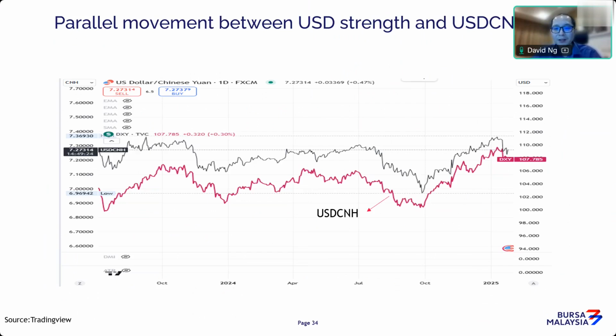So if you look at what the government is trying to do, it's trying to maintain a certain range. You can't let the currency weaken too much, but you also can't let it appreciate to a certain level. So it's trying to maintain a balance. But it's a very difficult move, because if the economy is not doing well, it will clearly reflect on the currency itself as well.